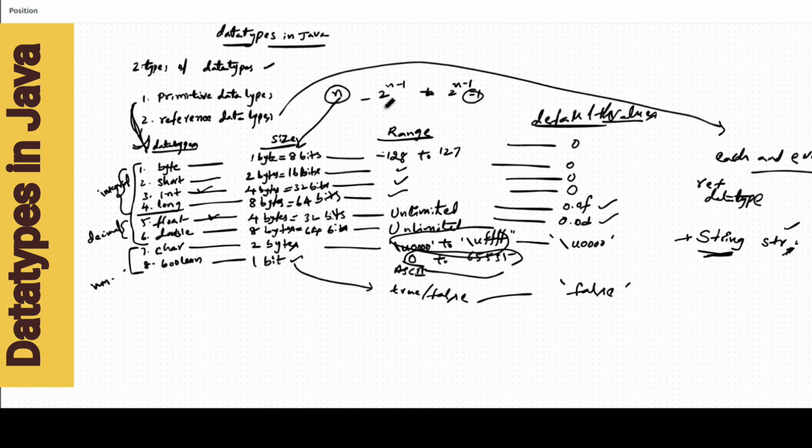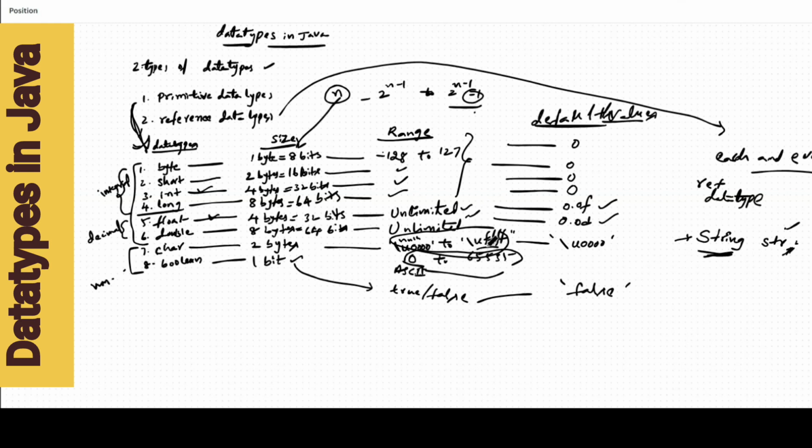The range formula is minus 2 power n minus 1 to 2 power n minus 1, minus 1. So this is the maximum number we can store. That calculation can be done for integral data types, whereas for float and double it is practically unlimited data we can store, and for char it is from null to this character.